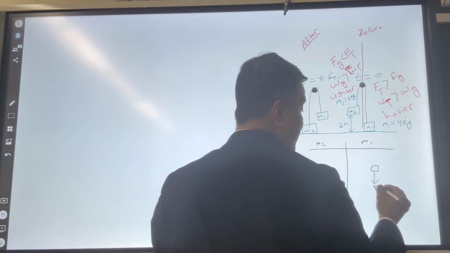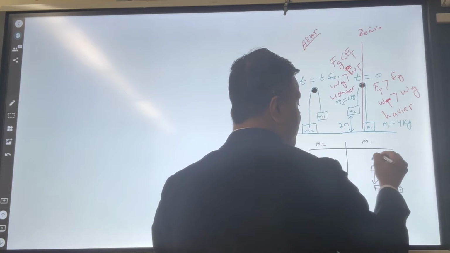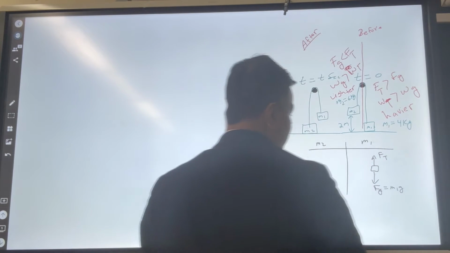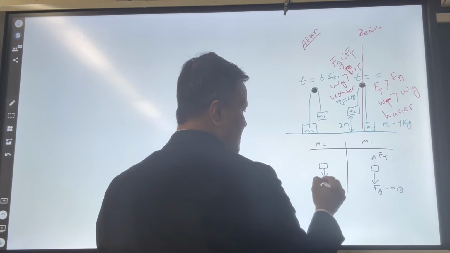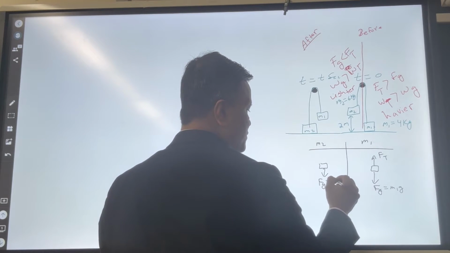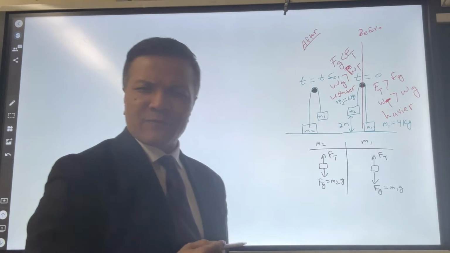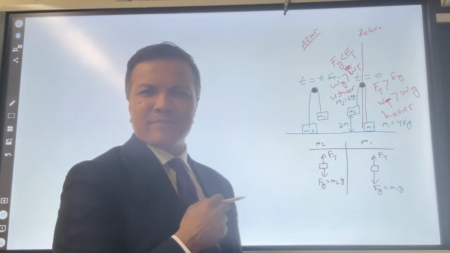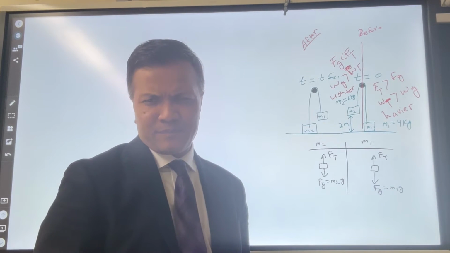So this is our Fg, which is m1g. This is our Ft. Okay, and again, two forces acting on it. This is Fg, which is m2g, and this is Ft. Notice that for both cases, the Ft is positive and Fg is negative.